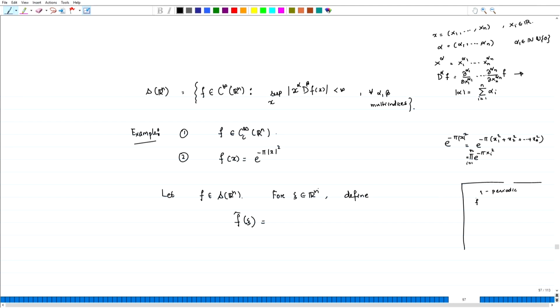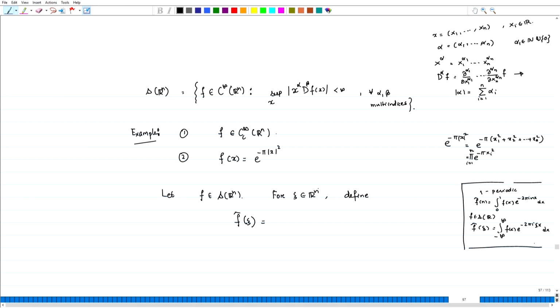We have defined f hat of n equal to the integral from 0 to 1 of f of x e to the power minus 2 pi i n x, where n is an integer. For f in the Schwarz space of R, we have defined f hat of xi equal to the integral from minus infinity to infinity of f of x e to the power minus 2 pi i xi x dx.